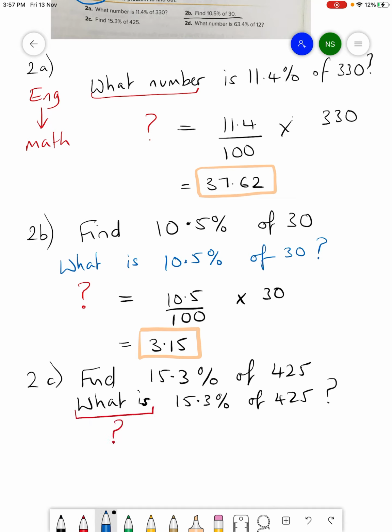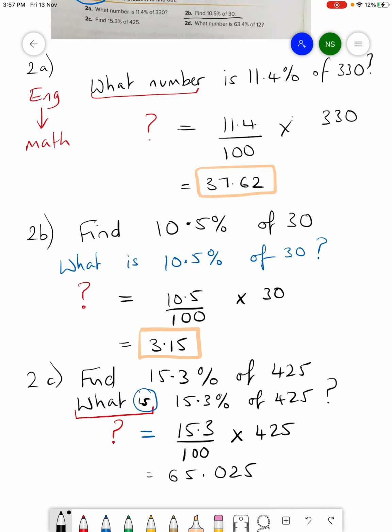That's your what. Is equals. Is your equals. Your number, 15.3%. Don't forget, of 425. Put that into your calculator. Work that out. And you should get an answer of, now the whole answer is 65.025.